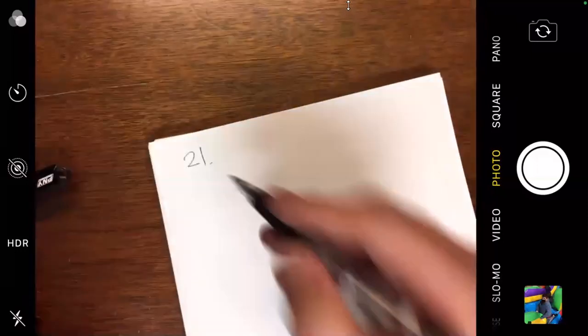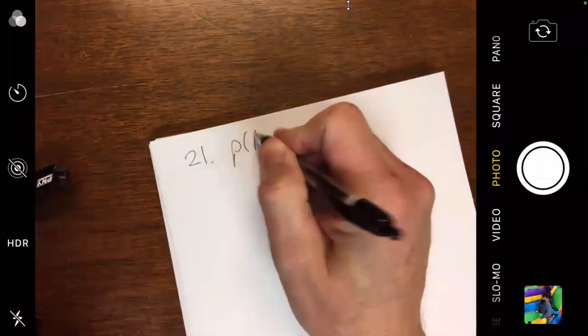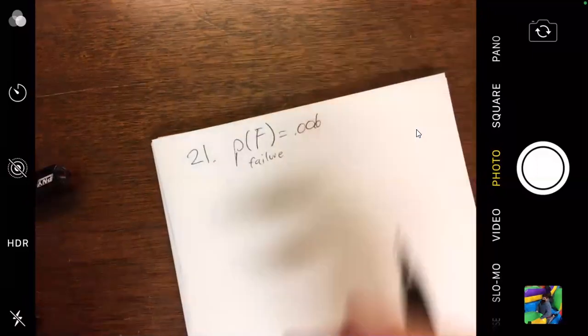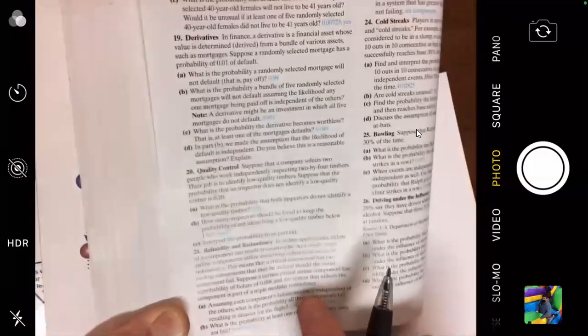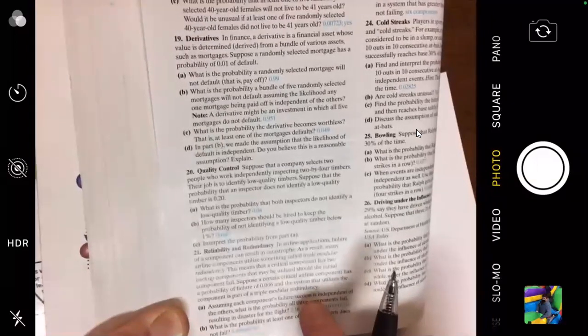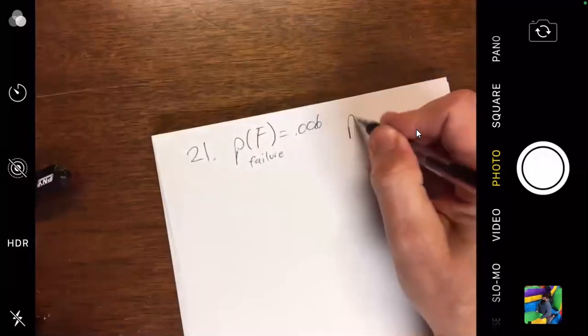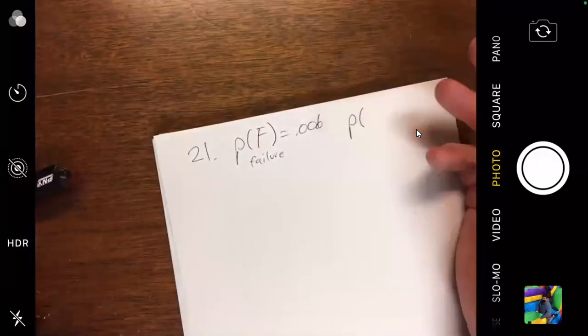Let's write that down. Probability of a failure, I'll use an F, failure, 0.006. And the system utilizes the component as triple modular redundancy. All right, we're going to need the probability that it does not fail, or that it's good.